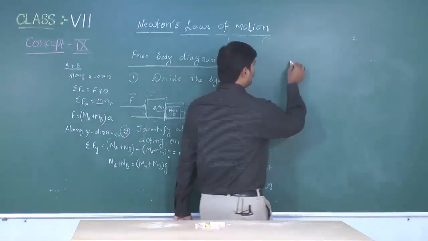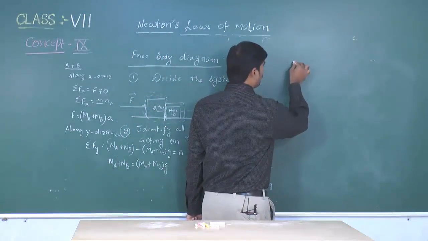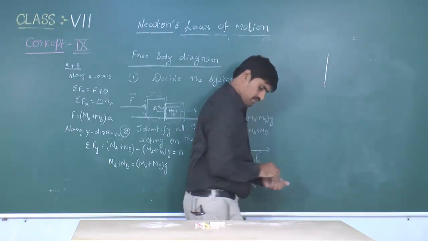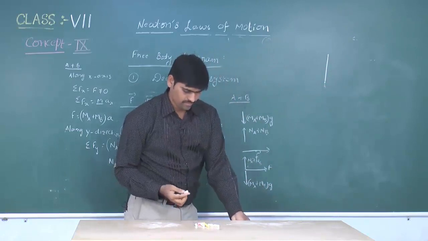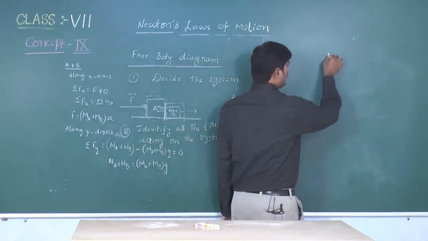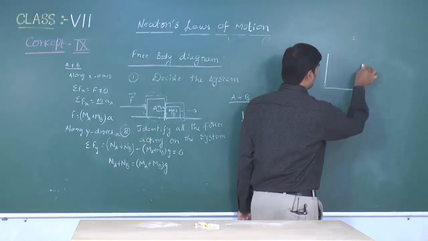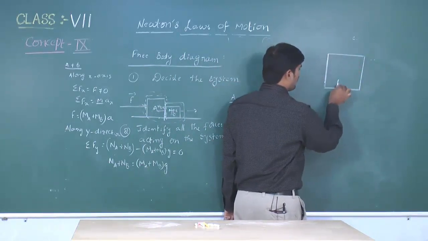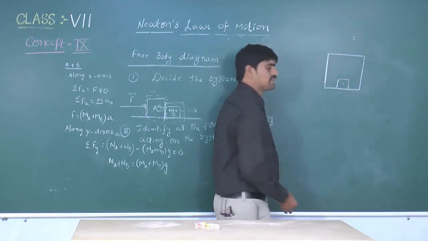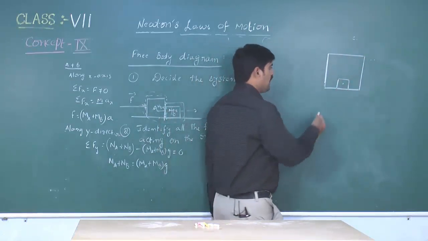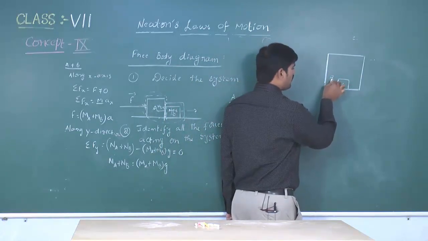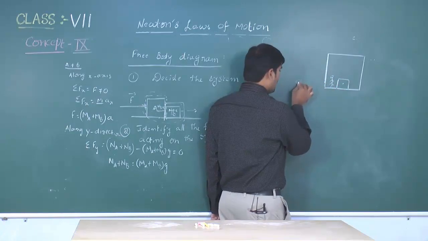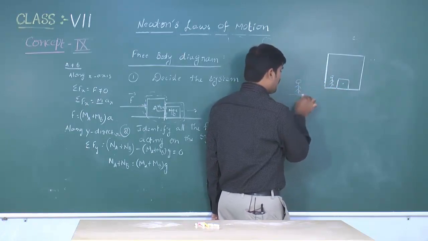Okay. Now, another important one. For example, a block placed in a lift. One observer is in the lift and another observer is on the ground.